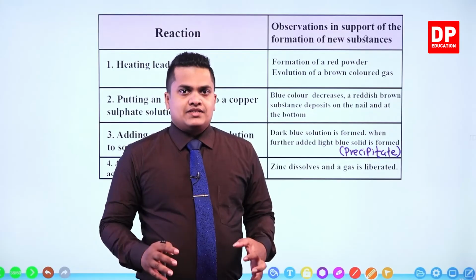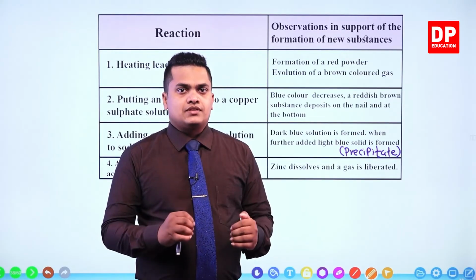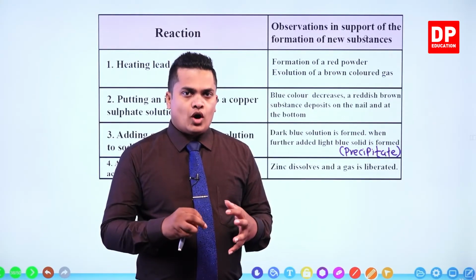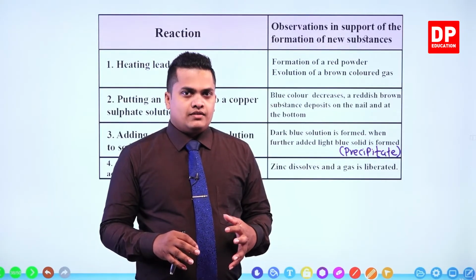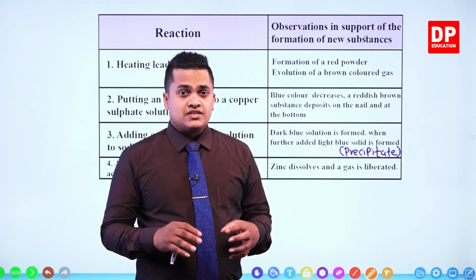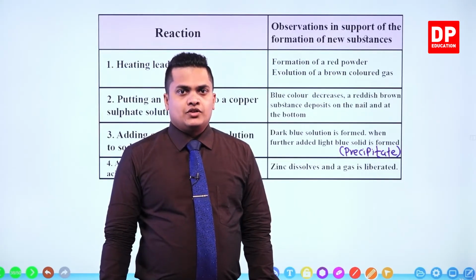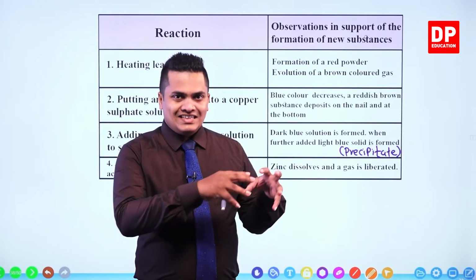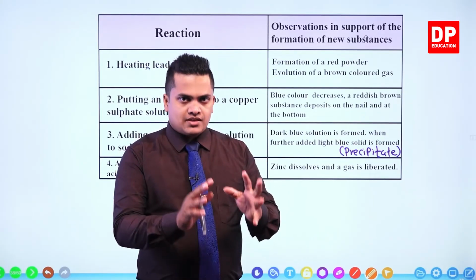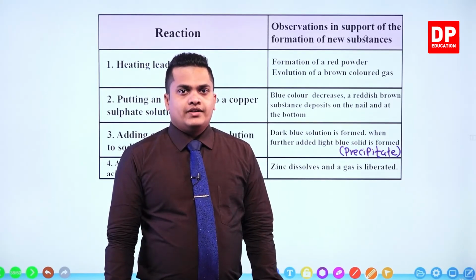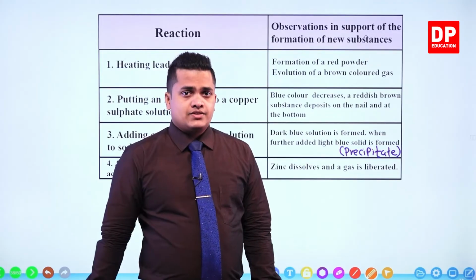So in a chemical change, there are certain special observations that we can see to support that the change is a chemical change, right? Here new substances have been created.